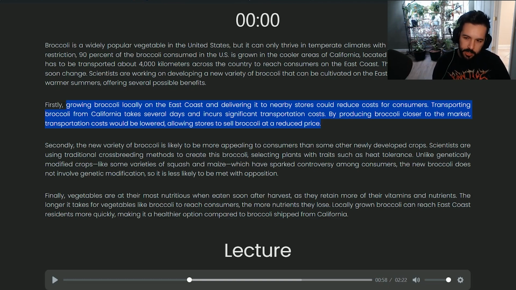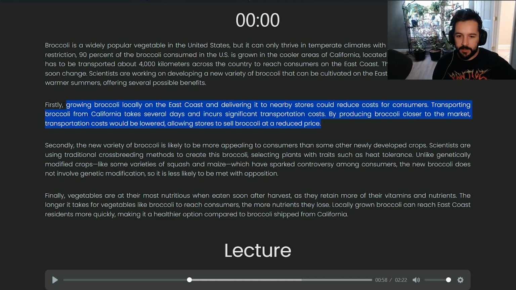The writer thinks making the distance shorter can reduce the cost of transportation, which will eventually lower the prices for the consumers. However, the lecturer, although she agrees that lower transportation costs are a good thing, brings up another problem: this new type of broccoli has a lower yield, which means farmers are not getting as much produce.